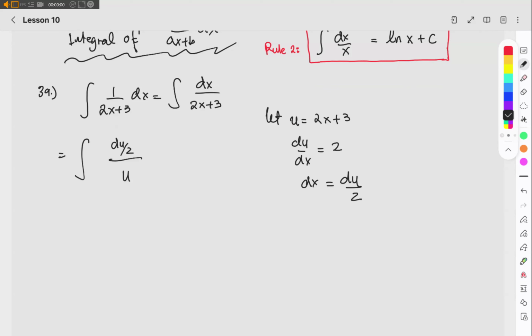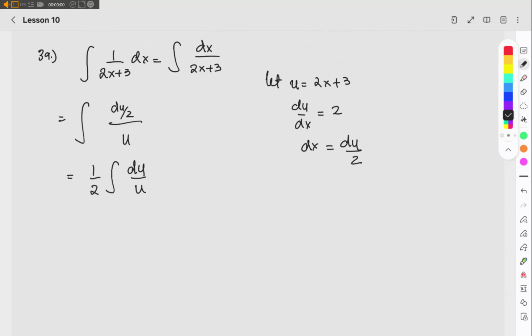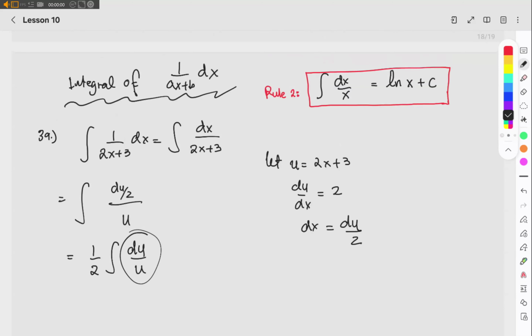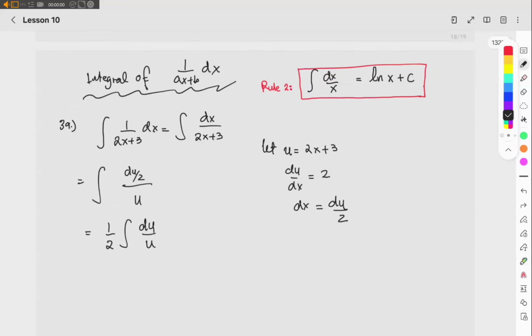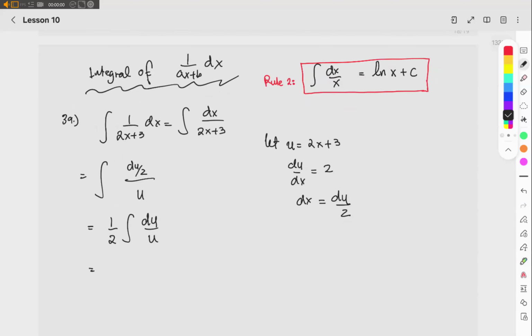You can take out this 2, so you have 1 over 2 integral of du over u. As simple as that. So all you need to know is, in 1/2 of what, the answer of integral of du over u is what?